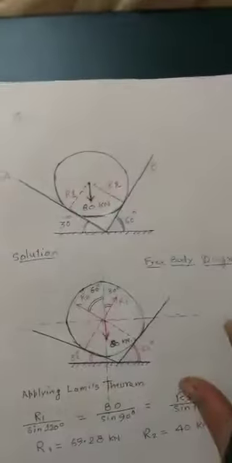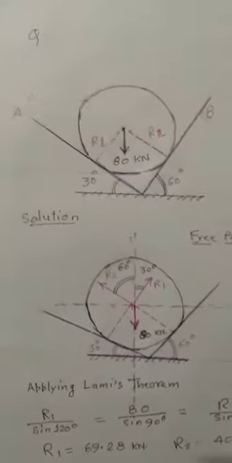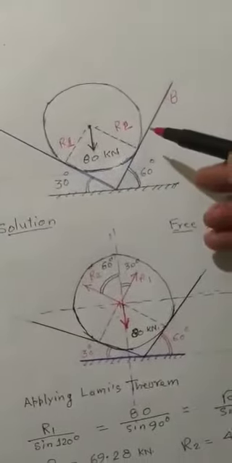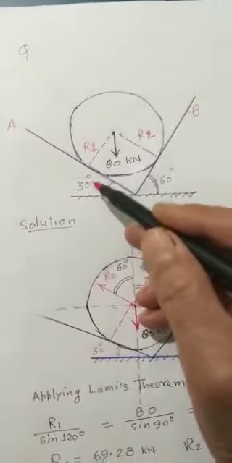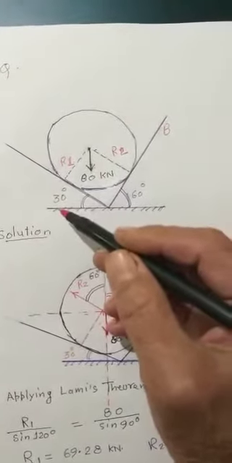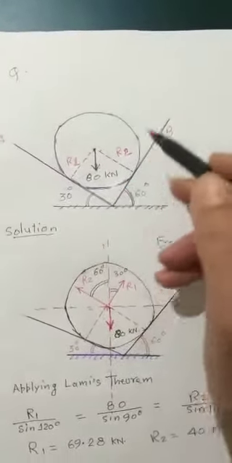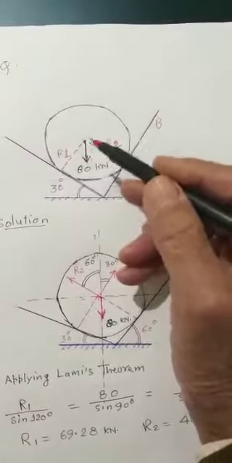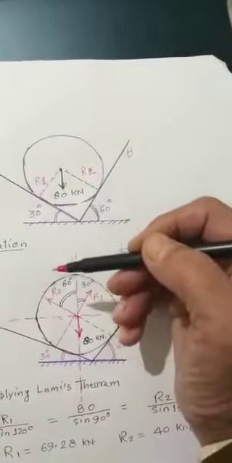Now, a more complicated problem that I am coming across. There are two plates of V shape making different angles. One plate is making an angle of 30 degree, the other making an angle of 60 degree, and this ball has a weight of 80 kilonewton.